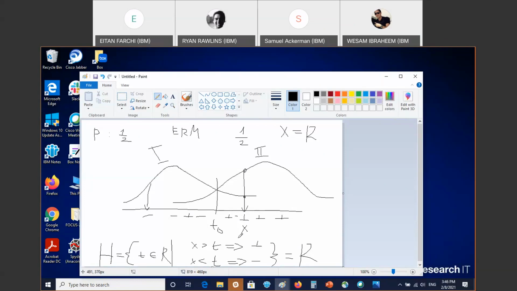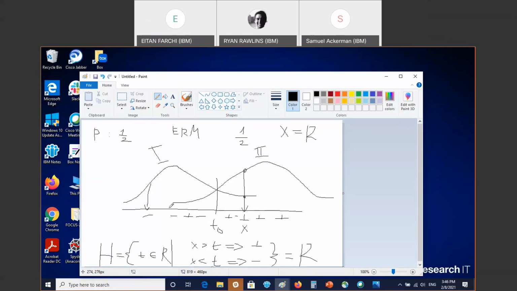Now, what's the ERM here? Okay. The ERM needs to pick a threshold that will minimize the number of errors.